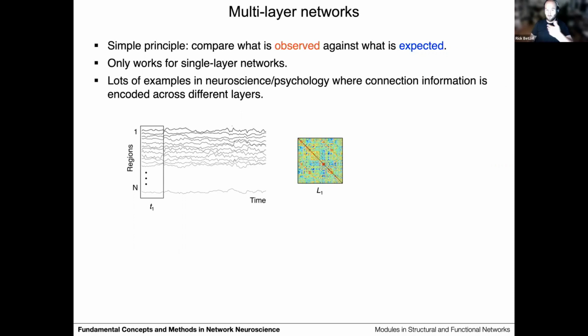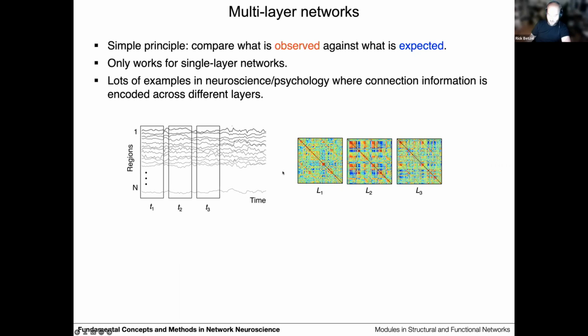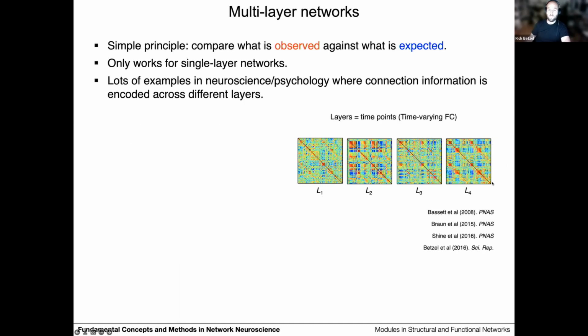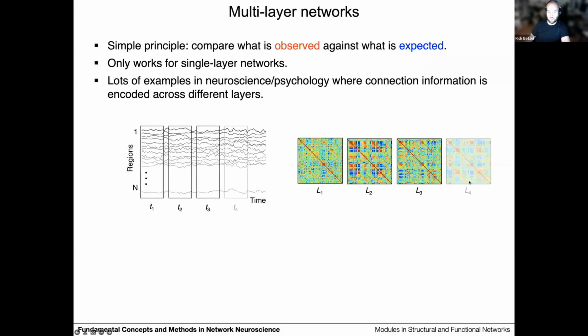I could calculate a network based on the correlation or covariance structure within a particular window, T1, a different network at T2, at windows T3 and T4. So these would correspond to 4 different layers of connectivity. There are lots of papers that have examined time-varying connectivity and use multi-layer approaches to study it.